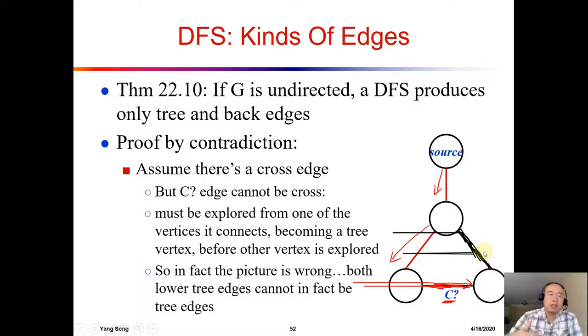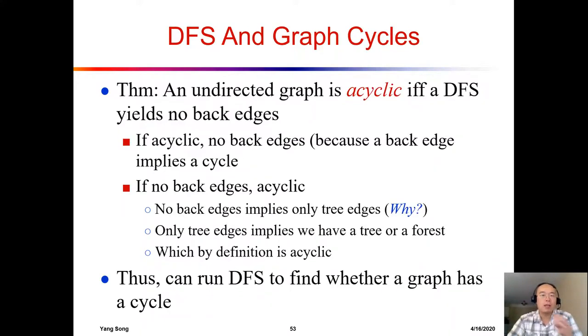So this proves theorem 20.10: if we are running the DFS on an undirected graph, we will end up with only tree edges and back edges. Another definition: for an undirected graph, we call it acyclic if a DFS uses no back edges. Acyclic means this graph has no cycles at all.